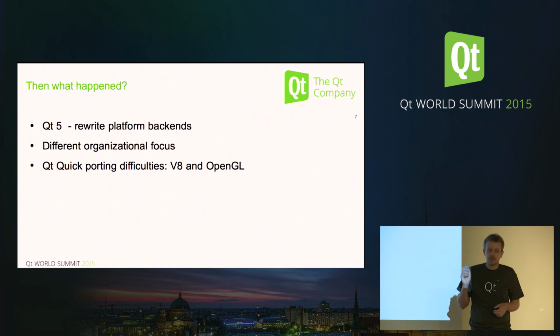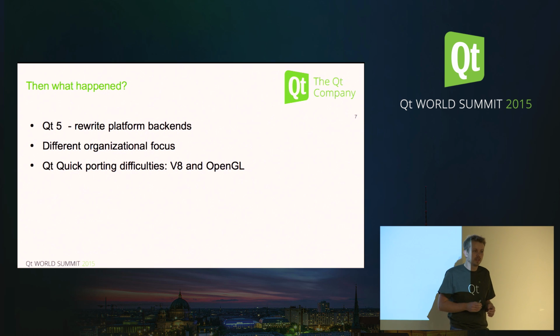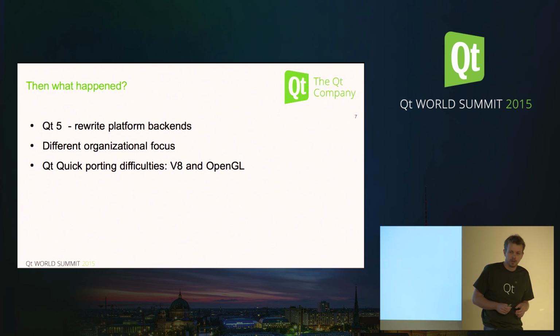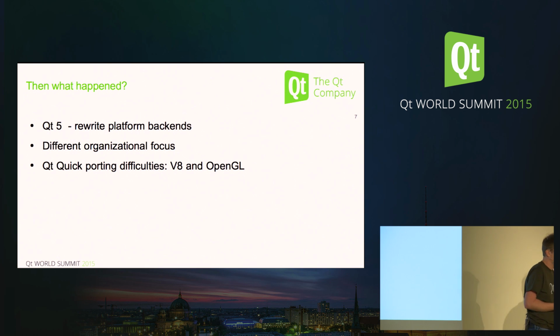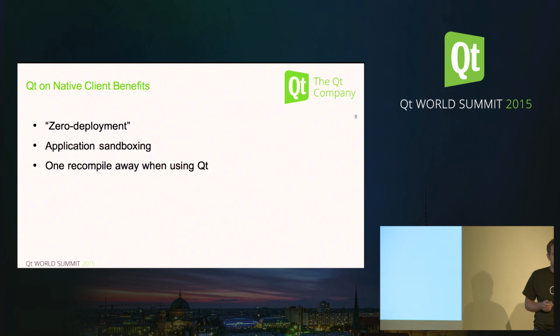Also, it started using the V8 JavaScript engine. And the problem with that was that V8 doesn't have an interpreter. So porting to native client is hard. Today, Qt uses V4, the built-in JavaScript engine, which has an interpreter. So that's no longer a problem. And WebGL is everywhere. So these days, things are looking better, and we can actually get to some actual working applications.